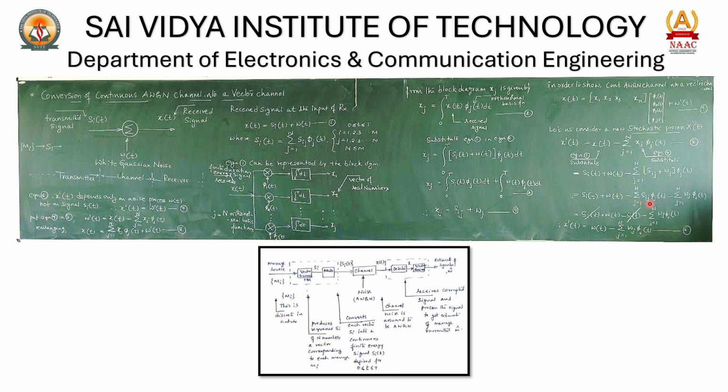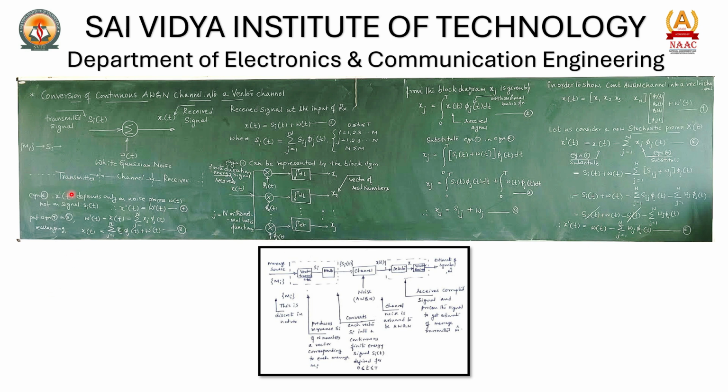What does this Sij phi j of t summation represent? It represents Si of t. So this and this get cancelled. Therefore, the random variable can be represented by noise only. W of t represents noise.